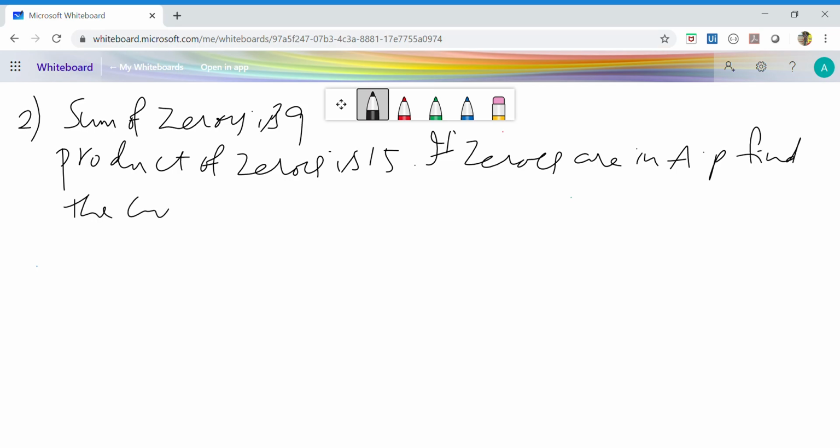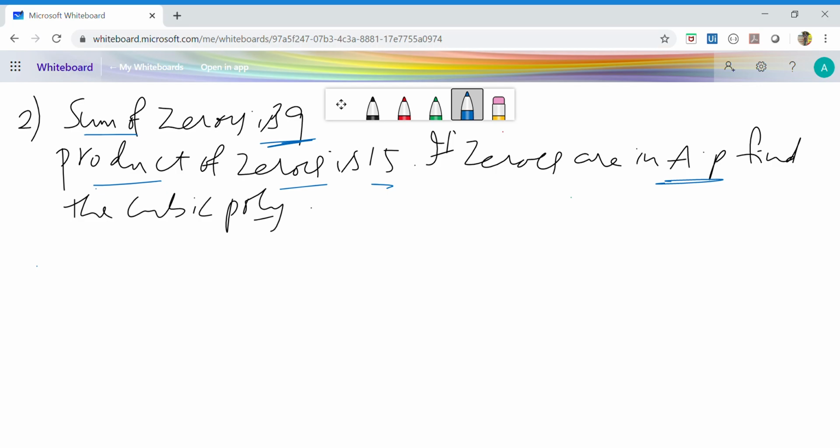So in a cubic polynomial, the sum of zeros is 9, the product of zeros is 15. The zeros are in AP, find the cubic polynomial.